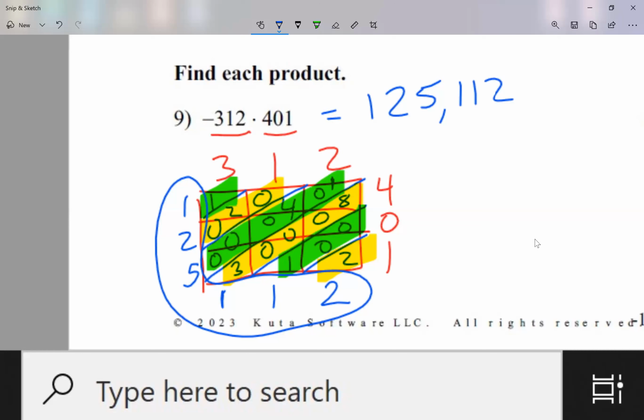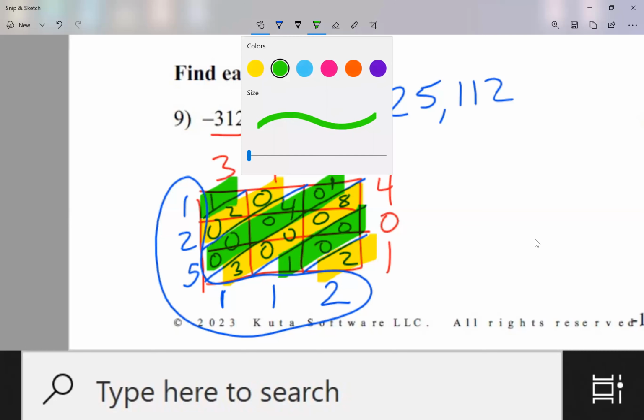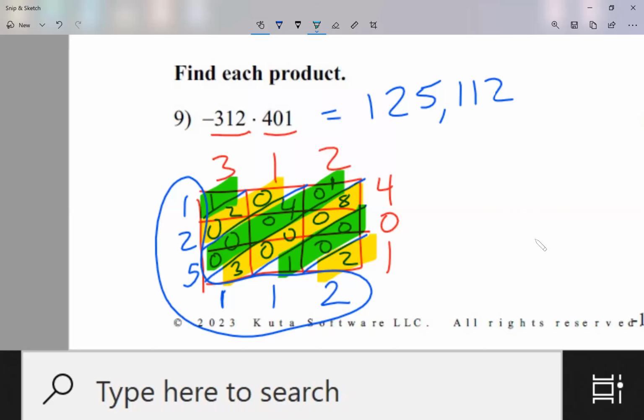Now, the sign does matter. When my numbers that I'm multiplying, let me highlight this in blue, if the signs are the same, that's not the case right now, so both of them are positive or both of them are negative, my answer is positive.